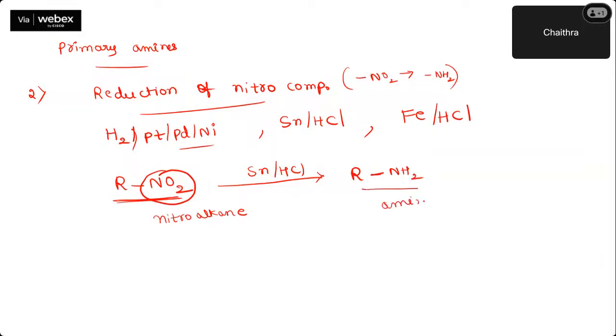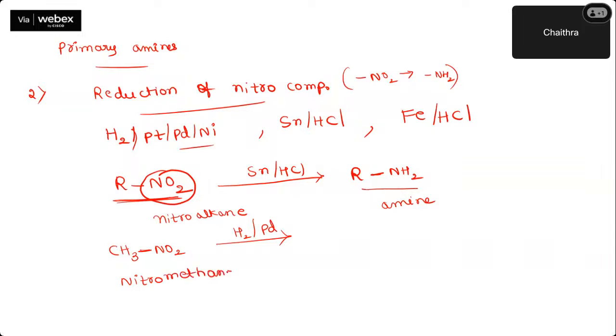We prepared an amine. Now I'll ask you some questions with examples. You predict the product. Let me take CH3NO2. Can you tell me the name of this compound? Nitro group cannot be used as a suffix, it has to be used as a prefix only. How many carbon atoms are there?